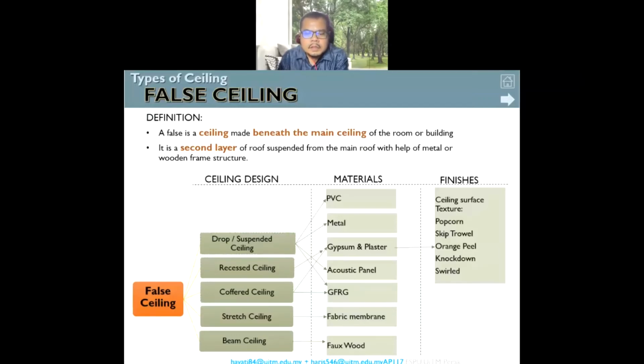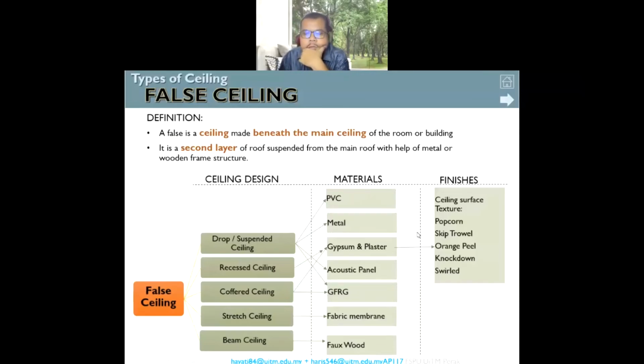The third one is comfort shielding. The fourth one is stretch shielding, and the last one is beam shielding. The materials used are PVC, metal, gypsum or plaster, acoustic panel, GFRG, fabric membrane and faux wood.